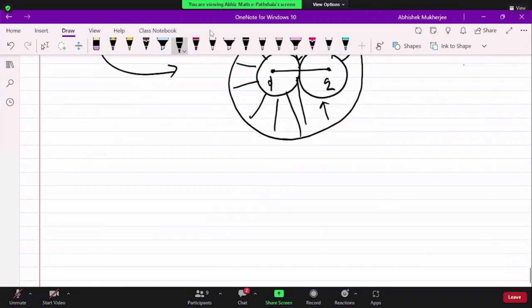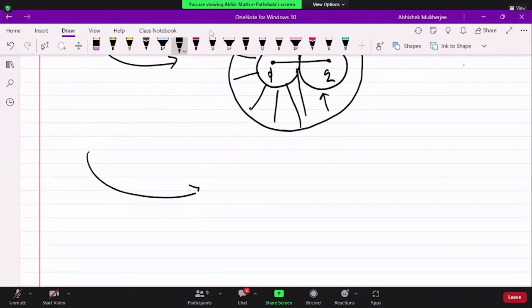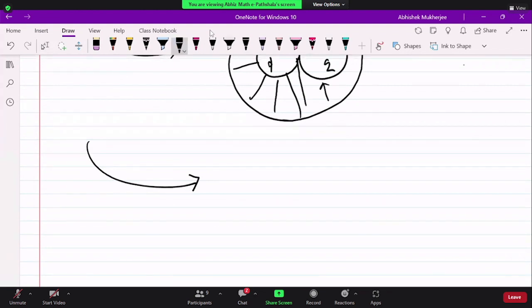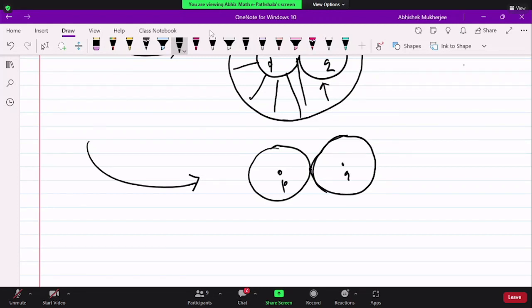So that leaves another space. So now you are having two closed disks centered at P and Q respectively, and touching exactly at that common point.